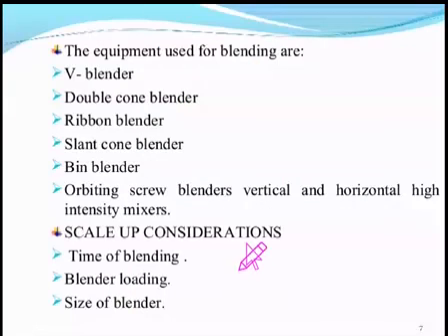The equipment used for blending includes the V blender, double cone blender, ribbon blender, slant cone blender, bin blender, orbiting screw blenders, and vertical and horizontal high intensity mixers. These are the various types of blenders meant for mixing the different powder ingredients with each other.